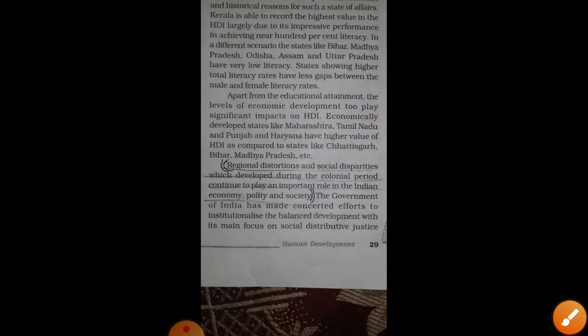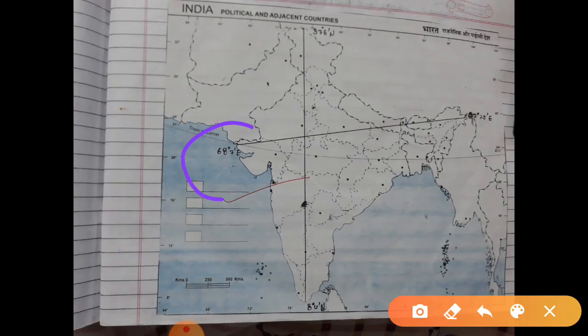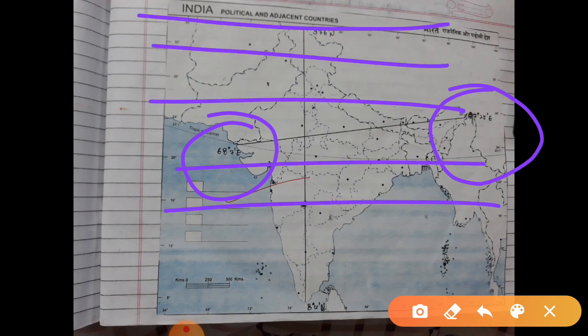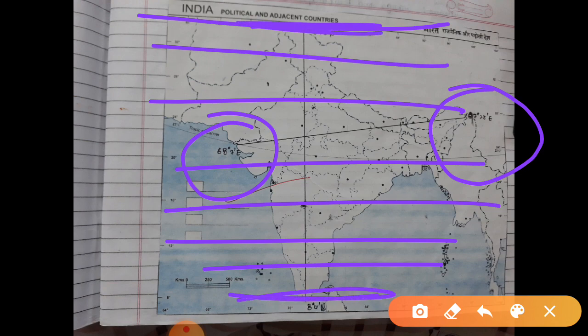It is 68 degrees 7 east, 97 degrees 25 east. Then these are the latitudes. This is the northernmost latitude and this is the southernmost latitude.